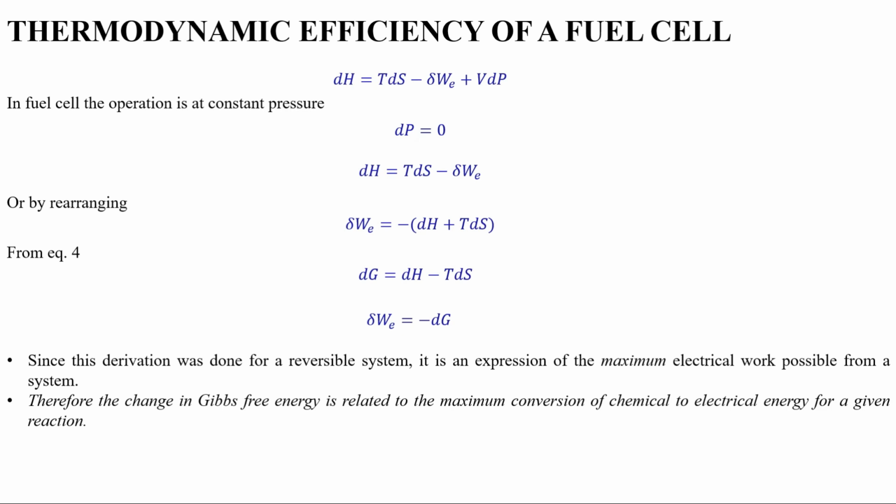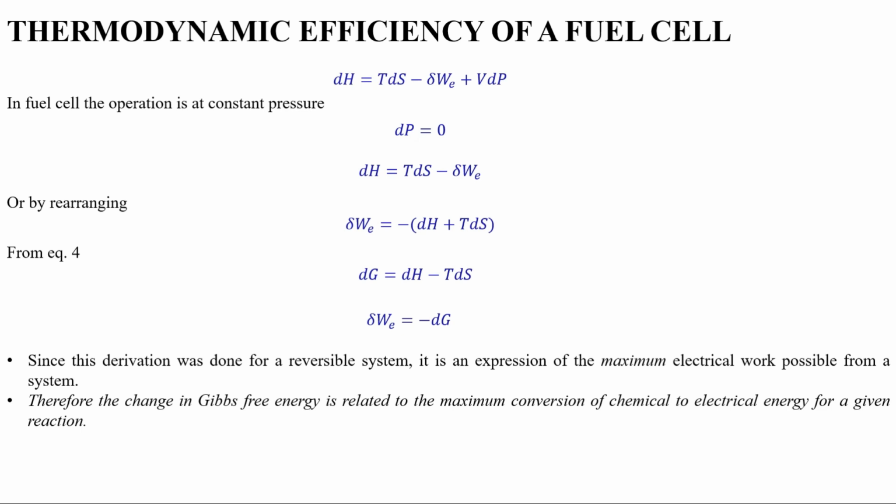I hope this derivation is clear to you, that is, how we can determine the maximum electrical work from a system, and that the maximum electrical work from a reversible system is basically equal to the negative change in Gibbs free energy.